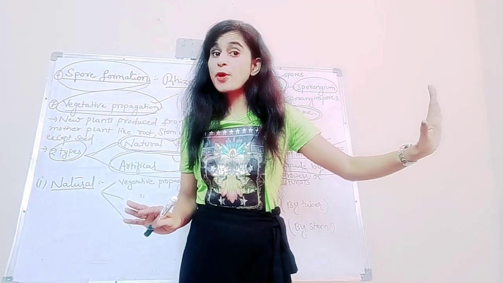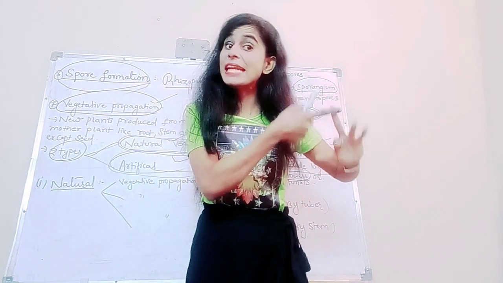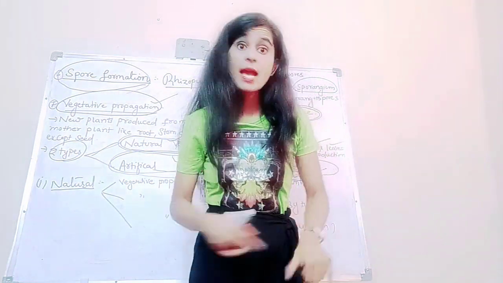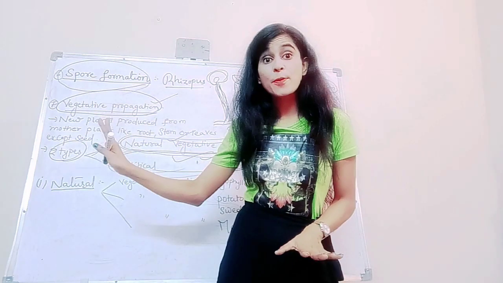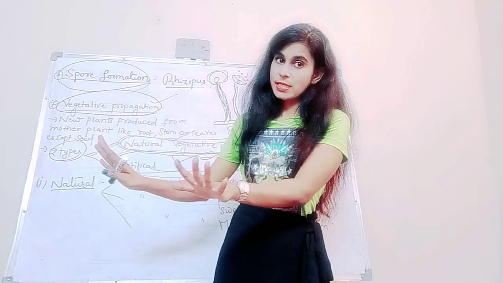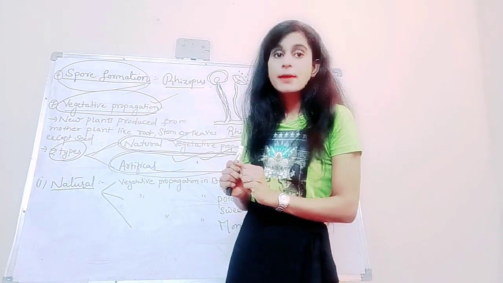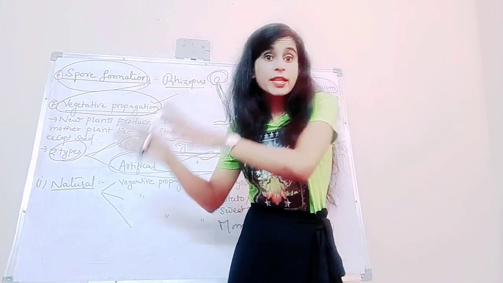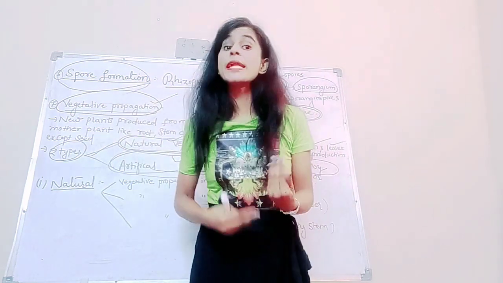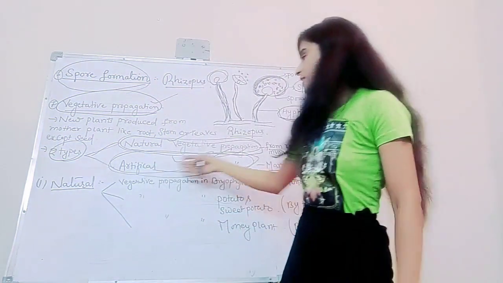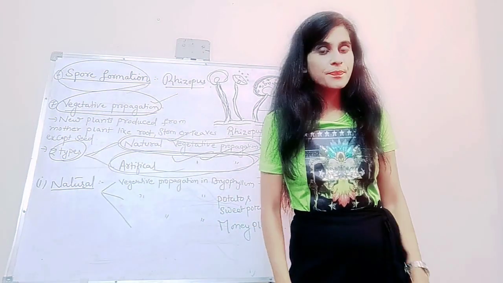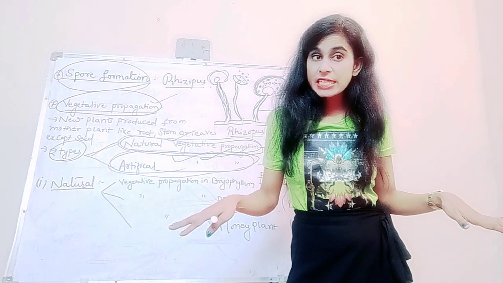Natural means roots, stem and leaves are involved in reproduction. Artificial means man-made, it requires the help of man. Plant growers, your horticulturists, are involved in artificial vegetative propagation. Now am I clear about vegetative propagation?